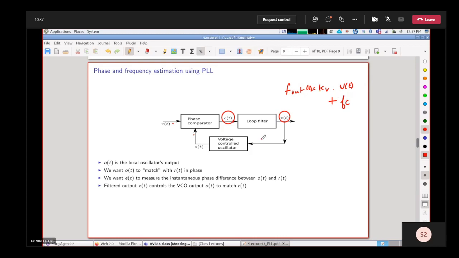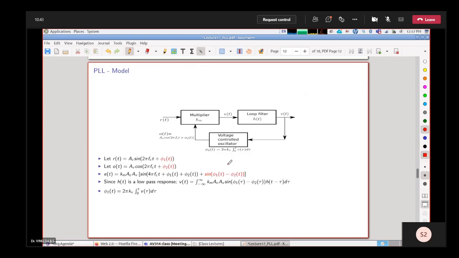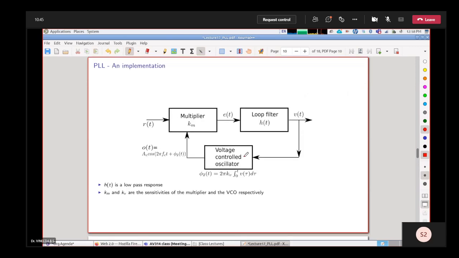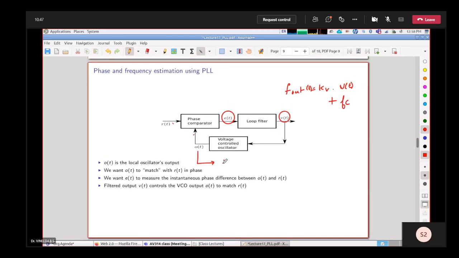This o(t) is a sinusoidal signal, and we will assume that it is a cosine, cos of 2 pi f_out(t) into t. So this is what o(t) will look like. Any questions here in this high level diagram?